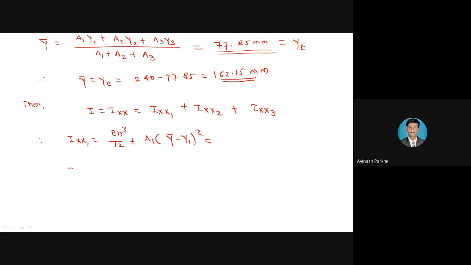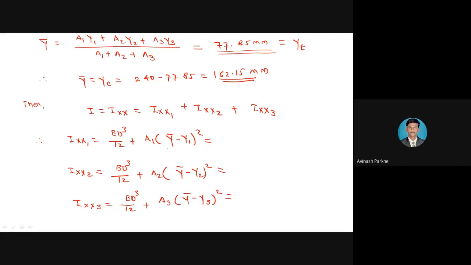Ixx2 is BD cube by 12 plus A2 in bracket y bar minus y2 bracket square, and Ixx3 is equal to BD cube by 12 plus A3 in bracket y bar minus y3 bracket square.